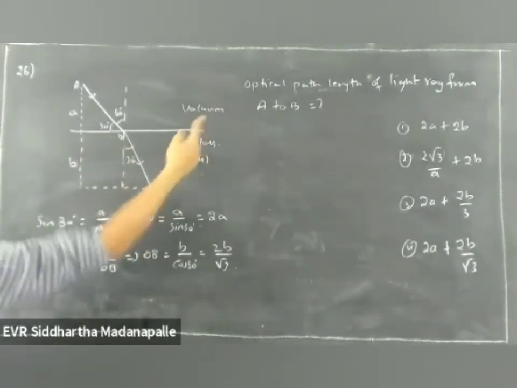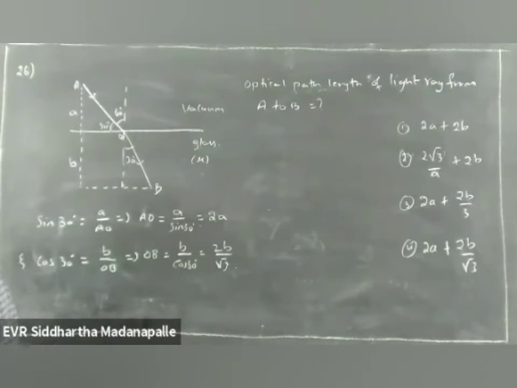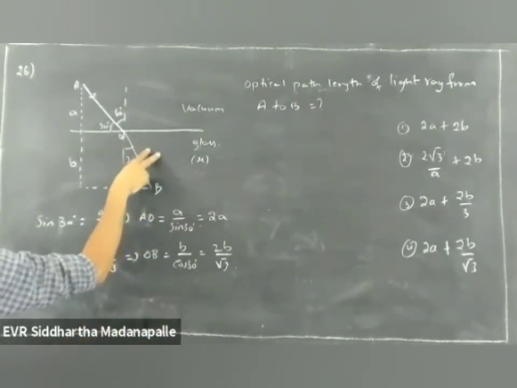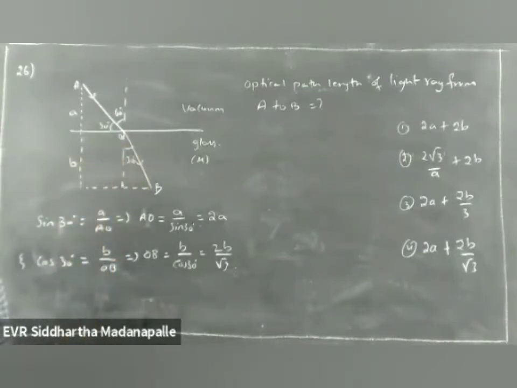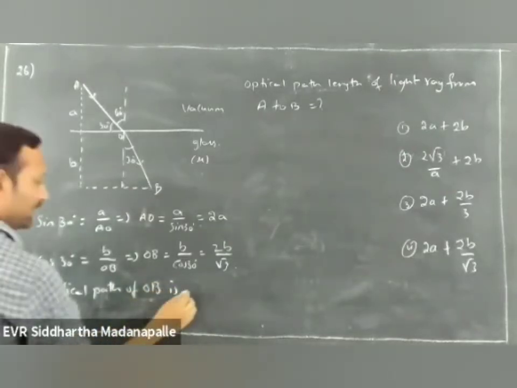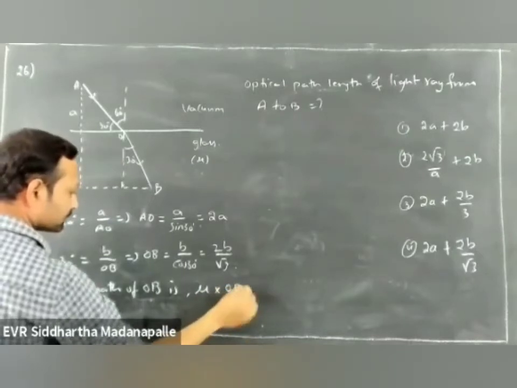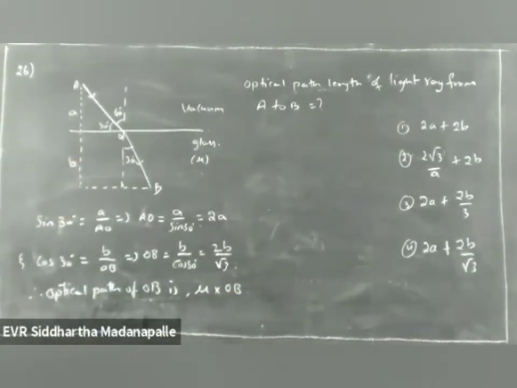Optical path means the distance traveled by the light ray in vacuum in the same time. So the optical path of OB is mu times OB.